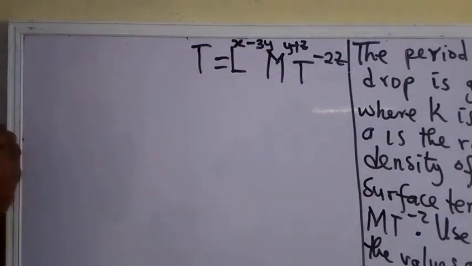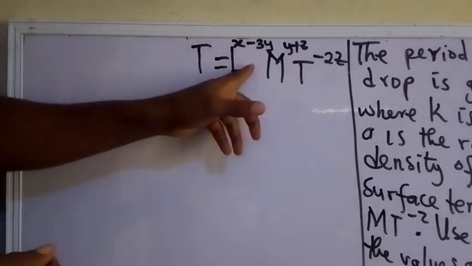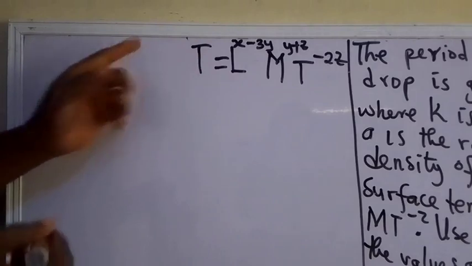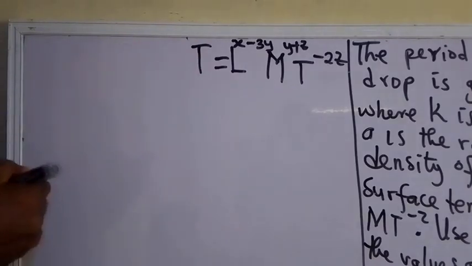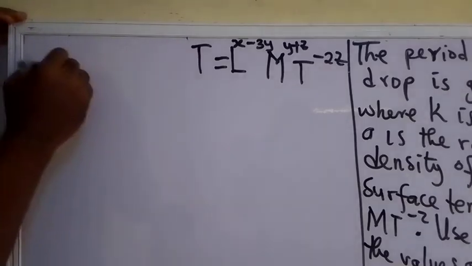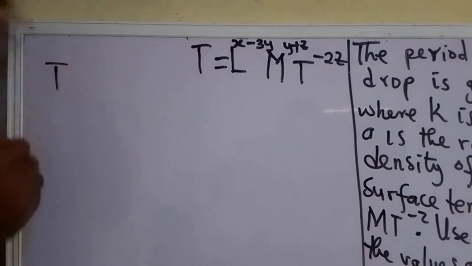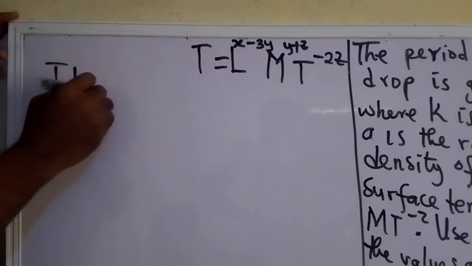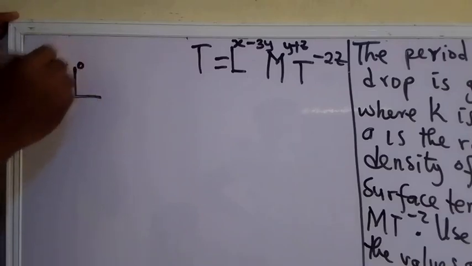But look at L. We have L on the right, but we don't have it on the left. How can we introduce L on the left? Because we must balance every symbol and its power. Since there is no L, you know that any number raised to power 0 is 1. That includes letters. So L raised to power 0 will give you 1.